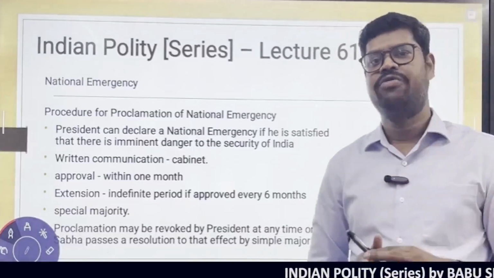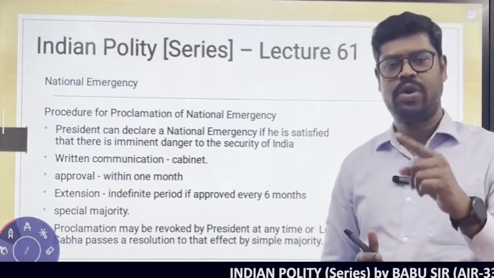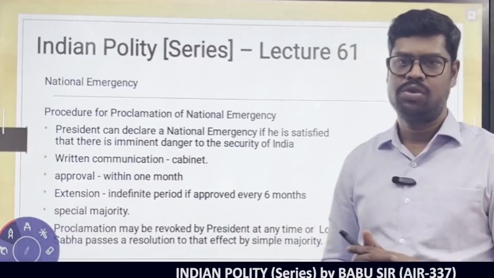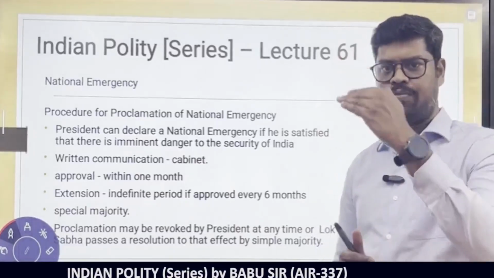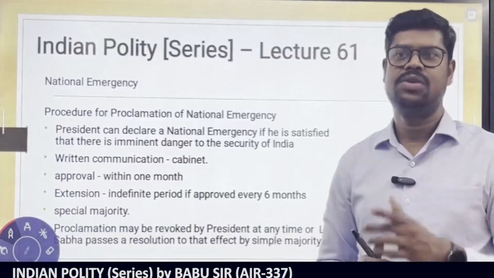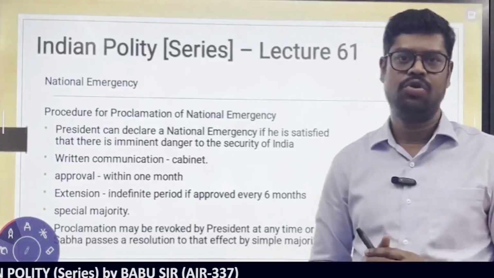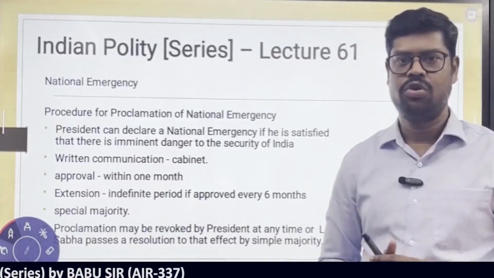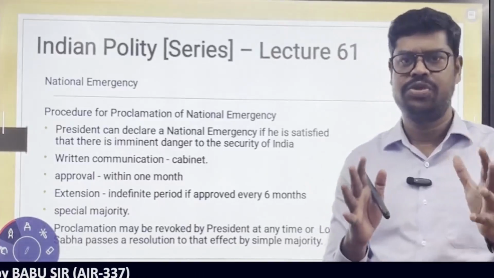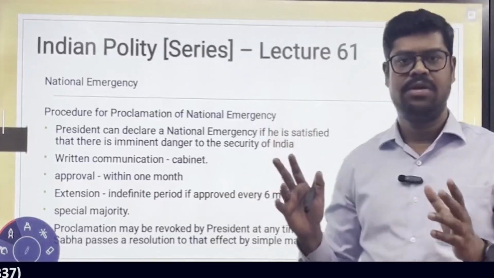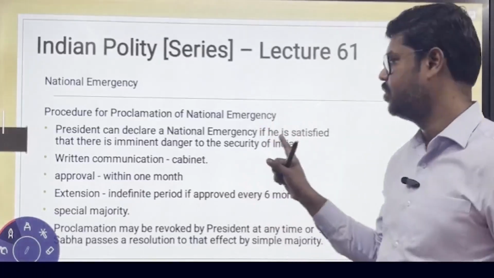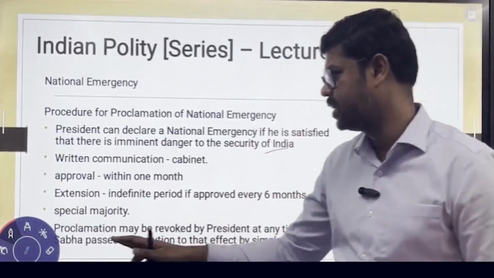What is the background of the 39th Constitutional Amendment Act, why the 39th Constitutional Amendment Act was struck down, what is Article 359, and of course what is the procedure to proclaim national emergency, what are the changes that have happened to the procedure post the 44th Constitutional Amendment Act. You can expect a question from this particular area, although the topic is not yet complete, whereas we will have to see the consequences of national emergency, which I will do in the next class.